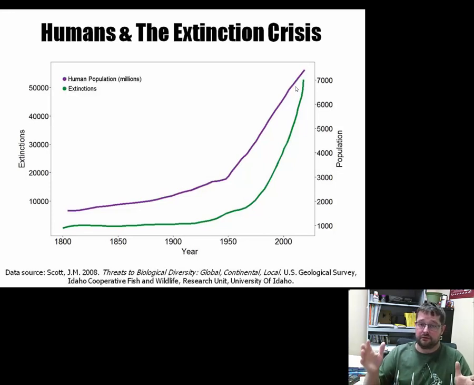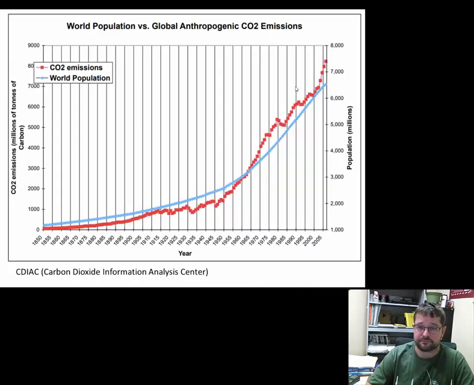But let's say that part of it is that. Then when we look at a graph like this, is it also because we're better at detecting CO2 emissions? I don't think so.